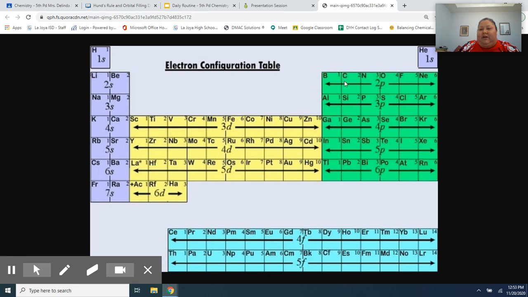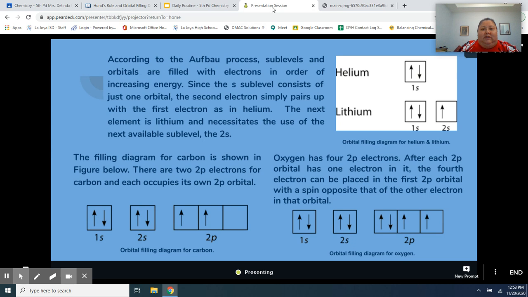I find carbon. It's in the 2p orbital. And look at the corner on the right, it says that there are only 2 electrons for carbon. Okay. So if I have my 2p, there are 3 best friends. Alexia got the first electron. Oscar got the second electron. I didn't have anything left for America. Sorry, America.